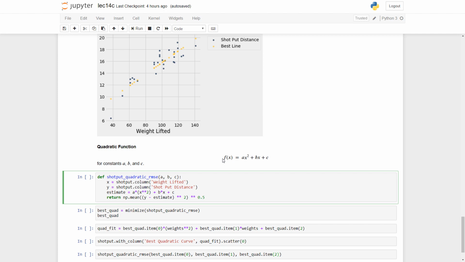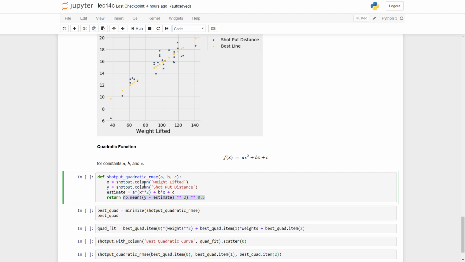And to use the minimize function, we have to define the root mean square error for this data set for this kind of function. This function has three parameters, a, b, and c. We will compute the estimation, which is ax squared plus bx plus c. We will compute the root mean square error using the same way we did it before.